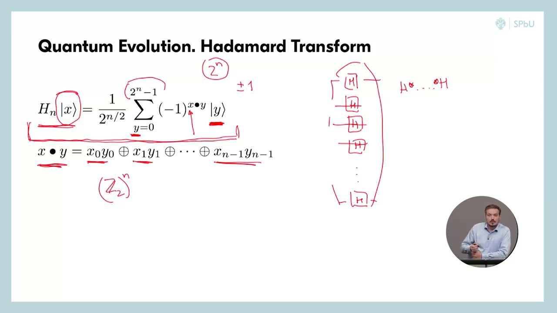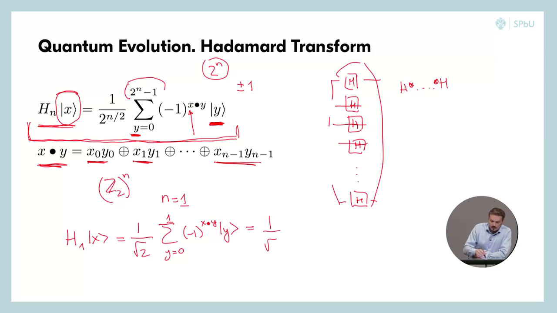Okay, how do we prove this expression? I would like to prove it by induction, and actually I will leave it to you as an exercise, but I will help you with the base. So for n equals 1, we will have H1 of x, which is 1 divided by square root of 2 times the sum over y from 0 to 1 of minus 1 to the power x thick dot y.